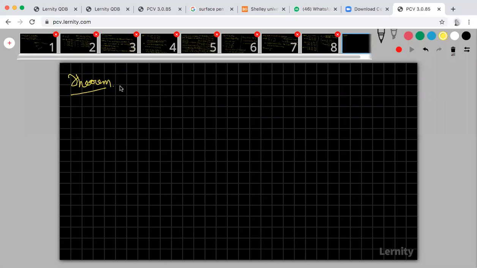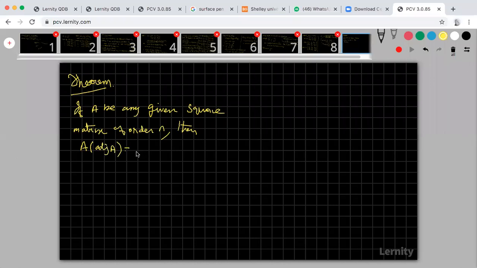If A is any given square matrix of order n, then A into adjoint of A, and adjoint of A into A, are equal to determinant of A times I.